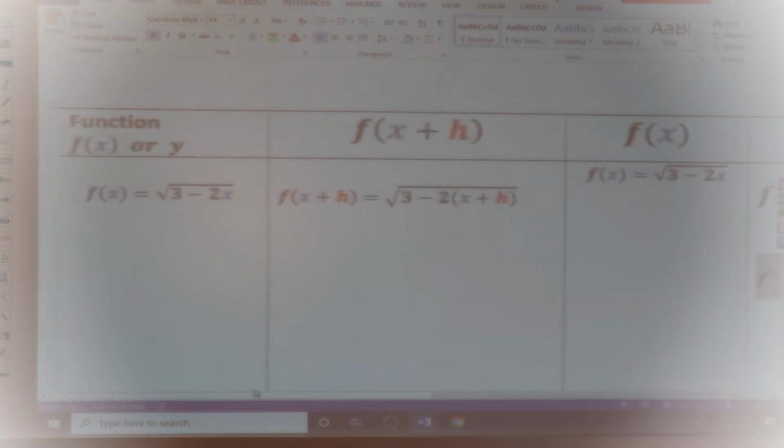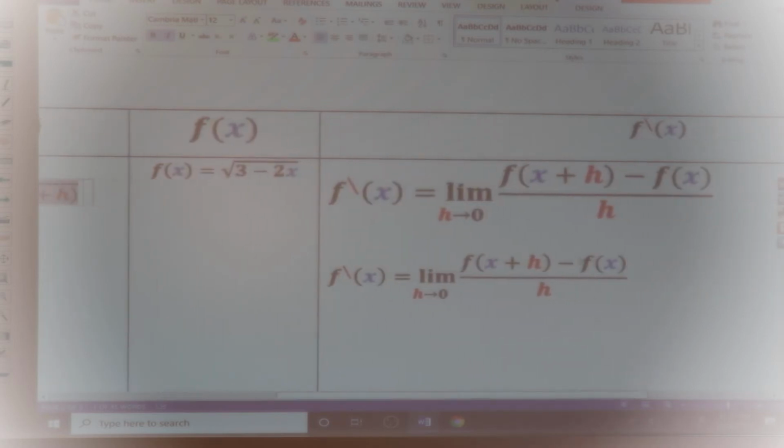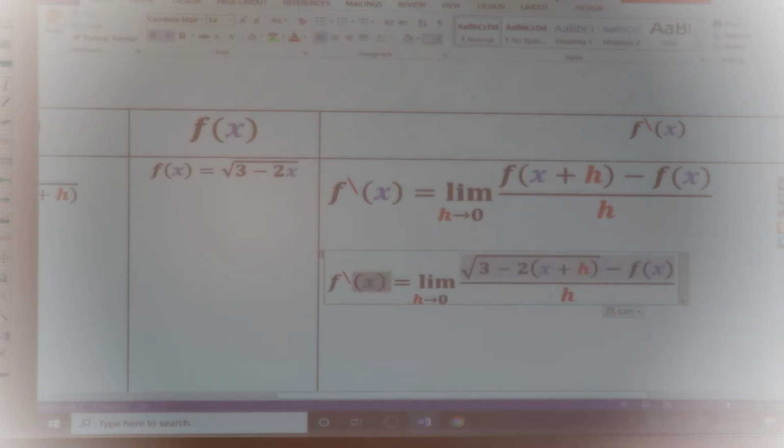I know what f of x plus h is, this one here. Look, the magic. I take this and paste it. We don't need the f prime of x, because we have it at the end.